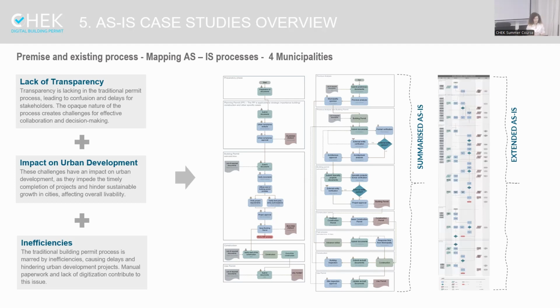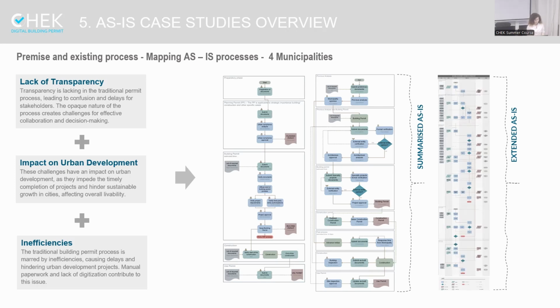And this also has an impact on the urban development, because the development of urban plans is also wrapped around that. And it needs more agile and up-to-date processes to align also with the current goals of sustainability, so yeah, building a sustainable urban development and environment.